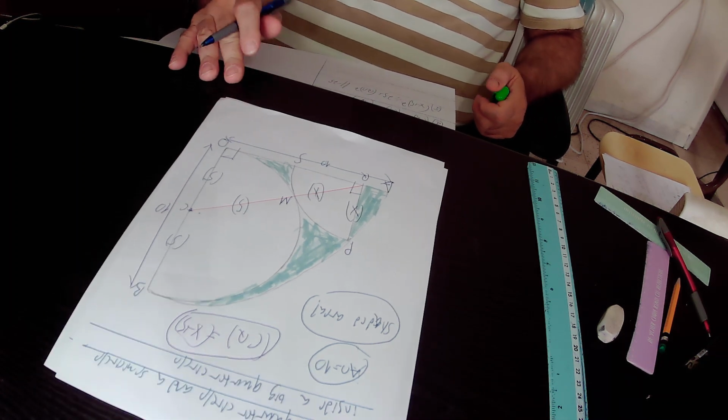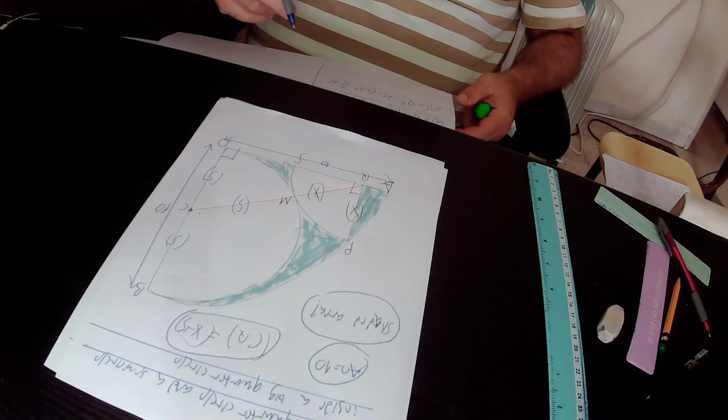In the next step, we will join points O and P together by a straight line.